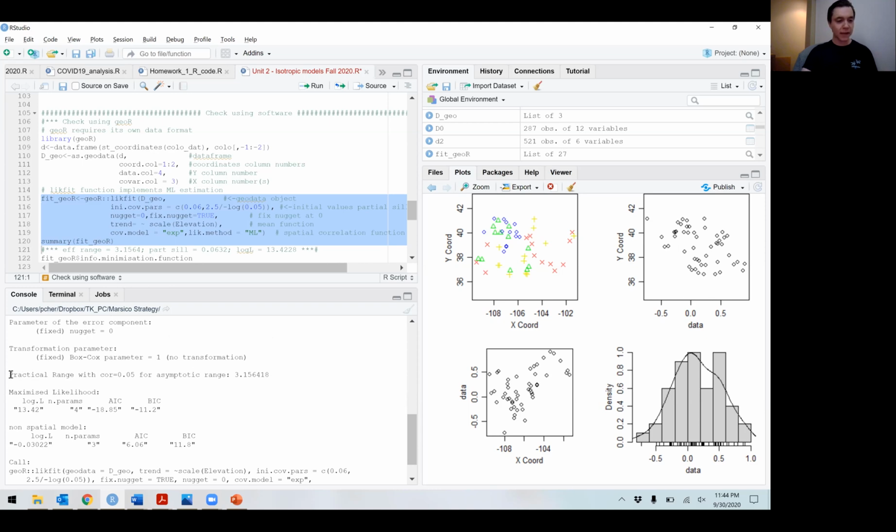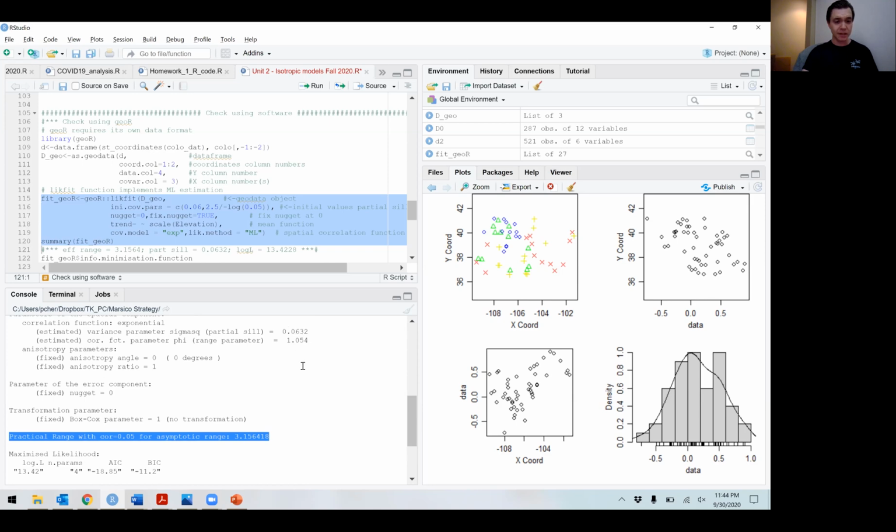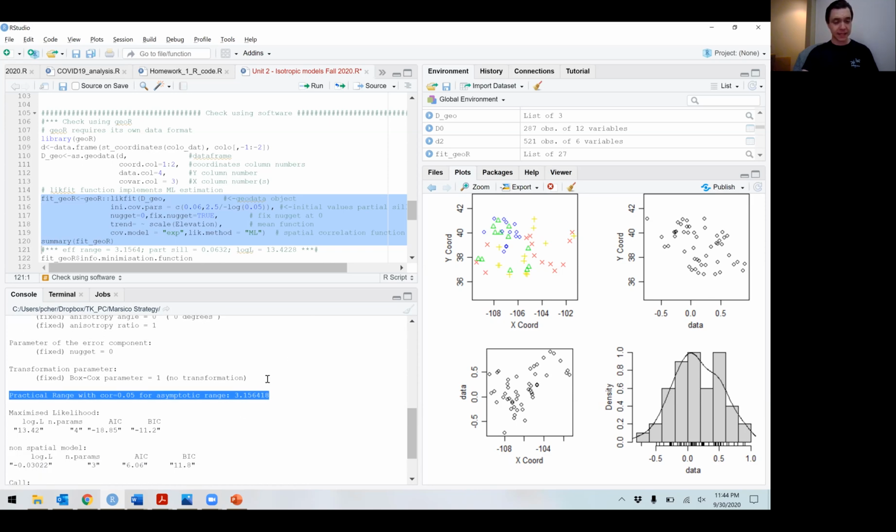This is one of the few R packages that provides you with an estimate of both the range parameter and the effective range. It calls it the practical range, and it is the distance where data are correlated at an arbitrarily small number, in this case 0.05, and it's just over 3 decimal degrees distance.